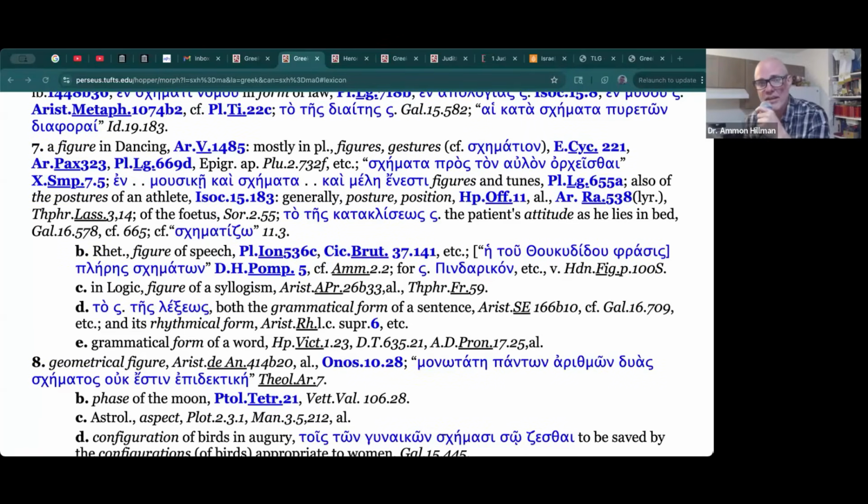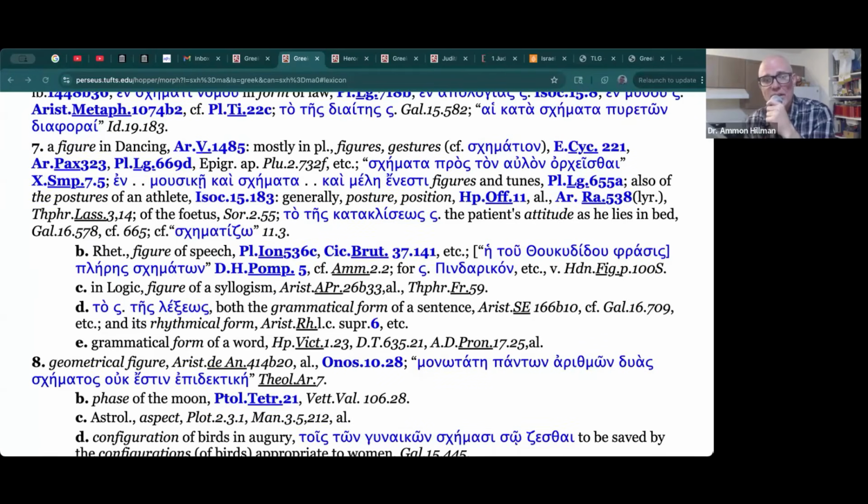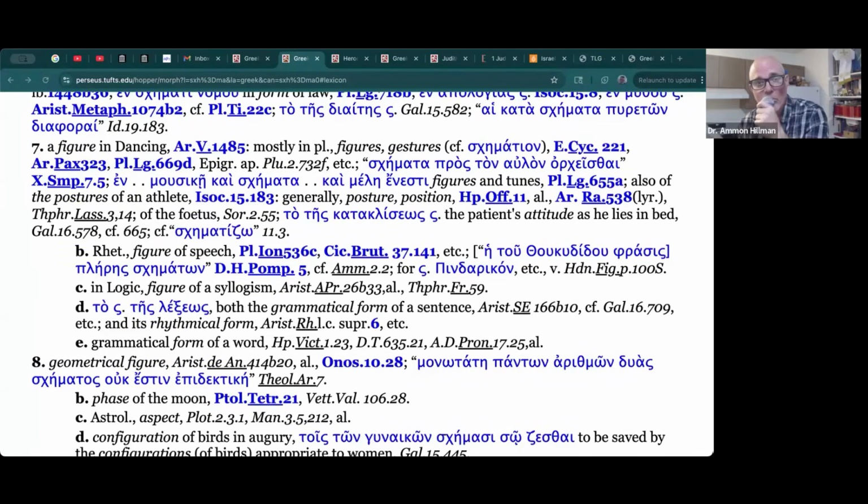Do you understand what's going on there? The thuon is in the masculine nominative singular, right? And why? Because ho hiereus is, so it's got to be the same.